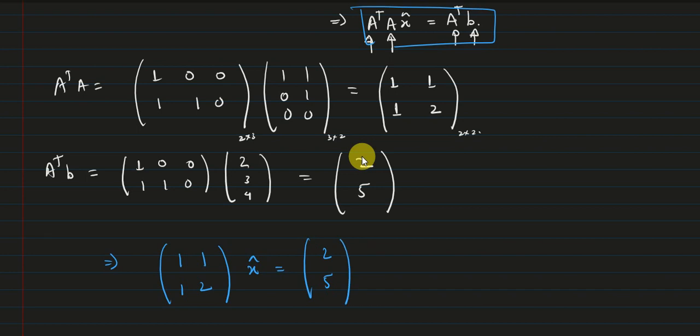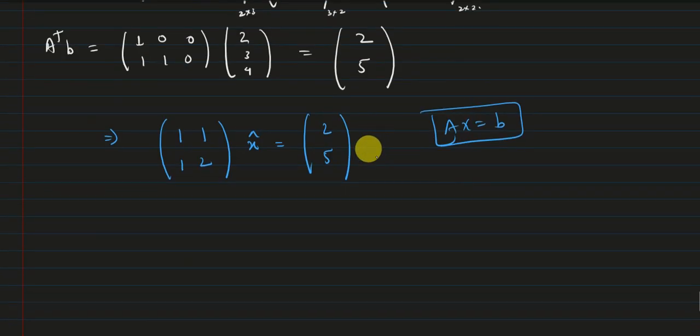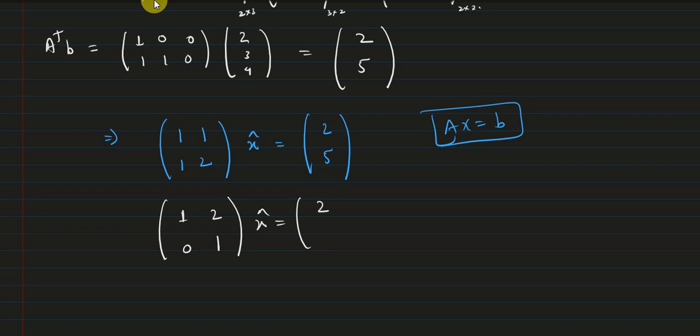Now it is nothing but solving Ax is equals to B, right? So how we can do that? We can simply do that by elimination. Apply the elimination. 1 2, it will be 0, and 2 minus 1 1, and this will be x hat, and also we will apply the elimination on the right side, right? So it will be 2, and 5 minus 2 is 3. Now from here we can say that x hat 2 is equals to 3, right?